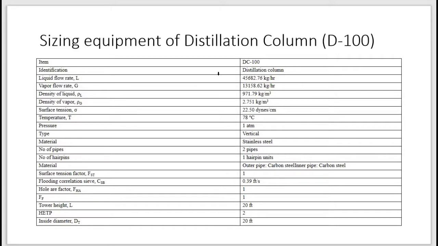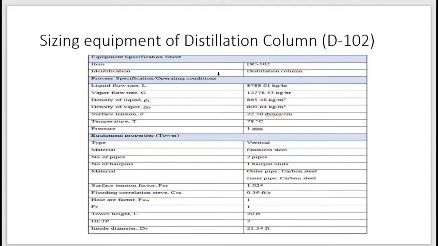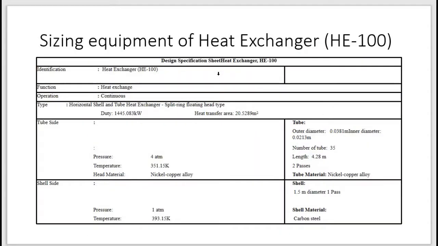There are three distillation columns in our ethanol production: this is the first, the second, and the third. This one is the heat exchanger that I mentioned just now, which we needed to add, and it is necessary to balance the heat transfer, the heat flow.